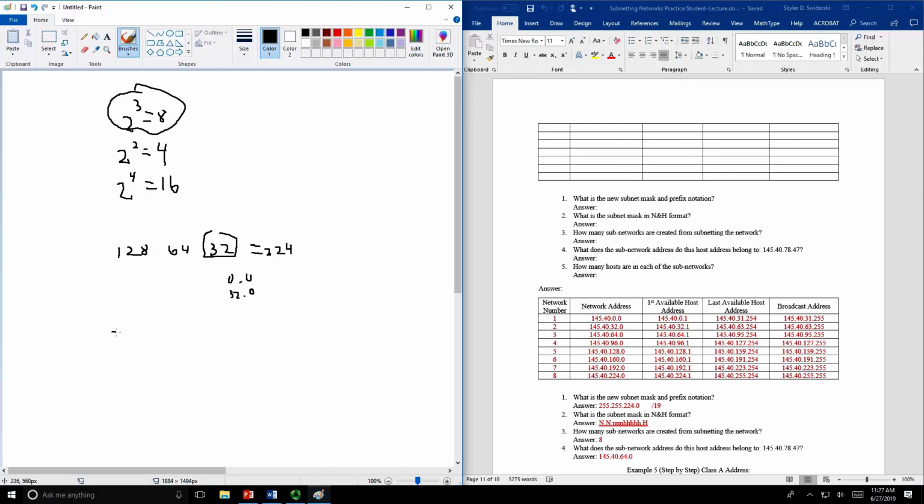Again, remember our subnet mask to start out with was 255.255, but since we had to subnet the third quadrant here, that gave us 224, and the fourth quadrant stayed the same. And since we had to steal 3 bits, 16 plus 3 gives us 19.